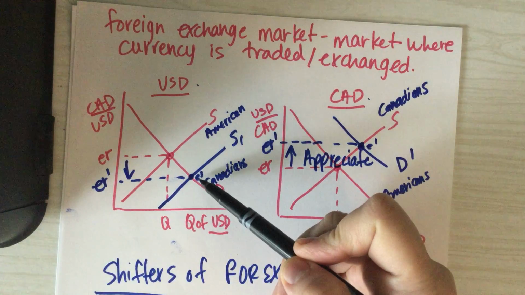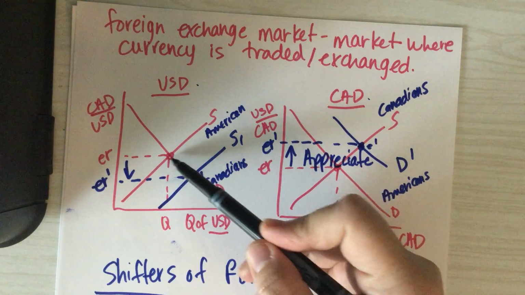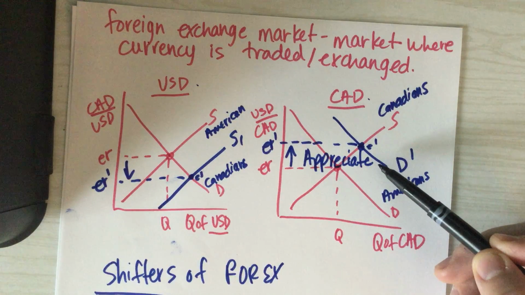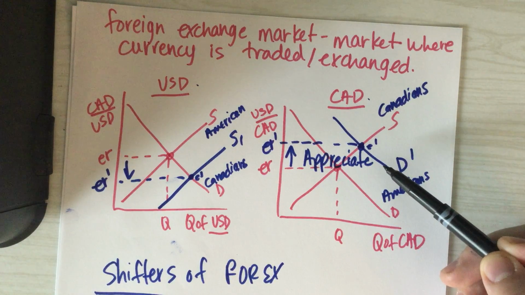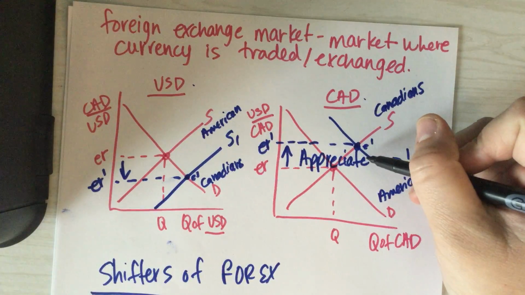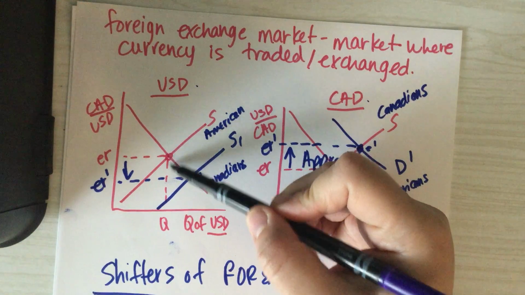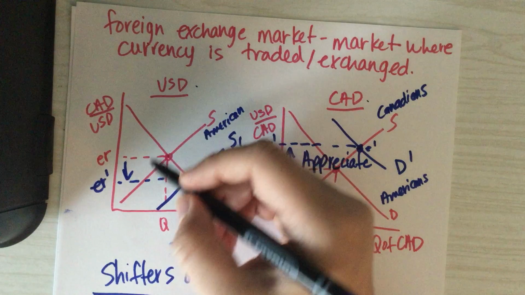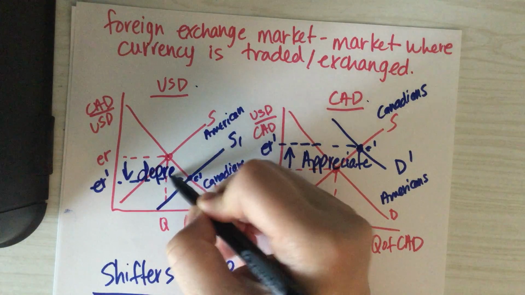In this case, supply has increased, because remember, Americans are giving more of their dollars so that they can receive more Canadian dollars, because they're demanding more Canadian dollars. They're giving their dollars in exchange for Canadian dollars. And so when they demand more Canadian dollars, it appreciates. When Americans supply more US dollars, then the exchange rate goes down, and this is called depreciate.